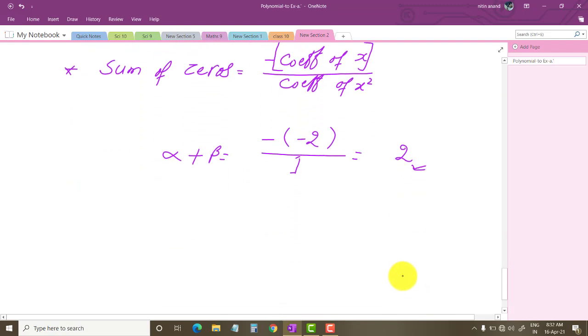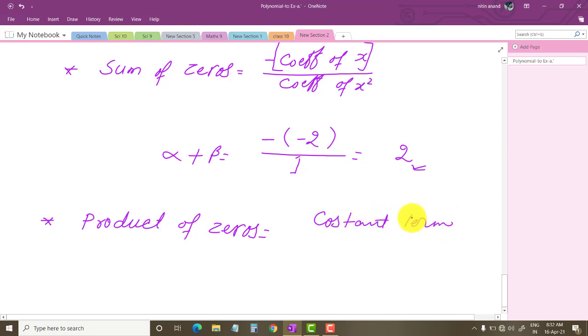And the second one we have is the product of zeros. The product of zeros is the constant term divided by the coefficient of x squared.